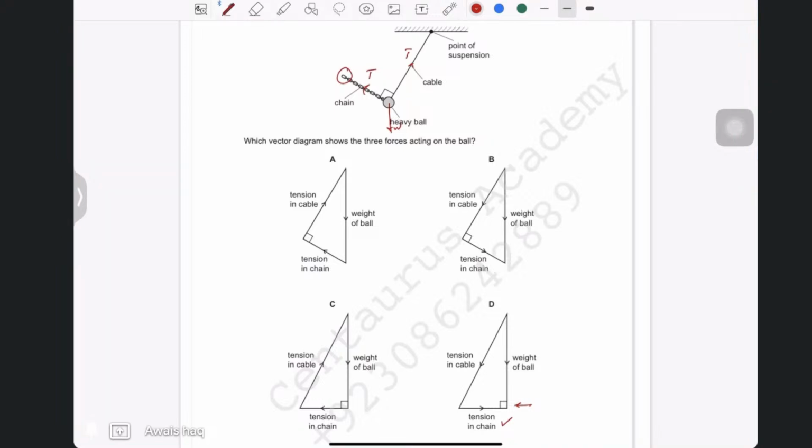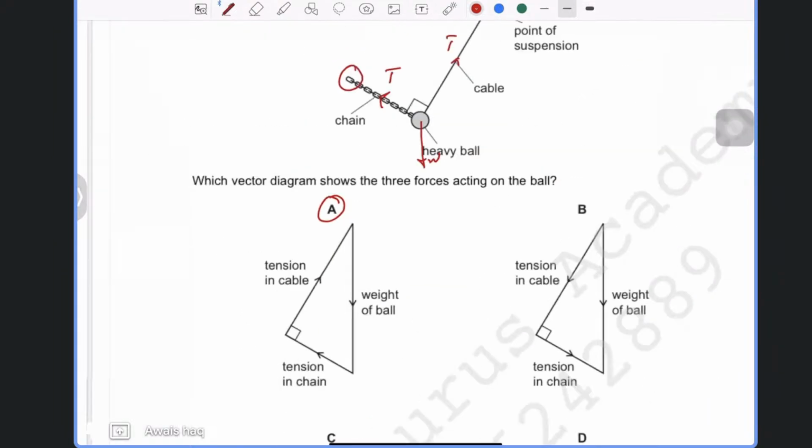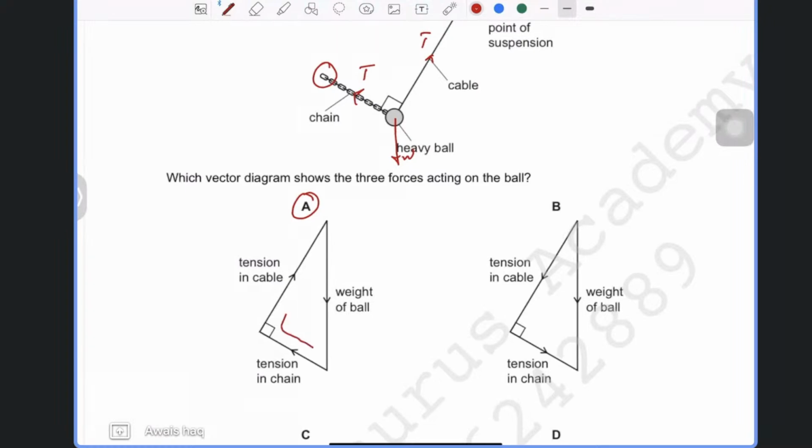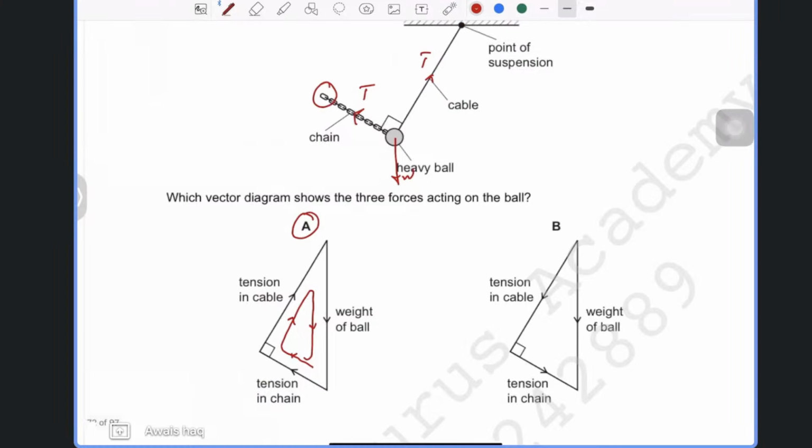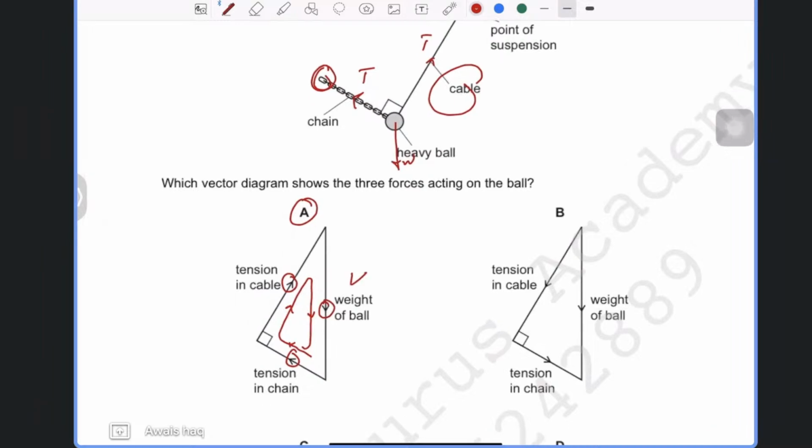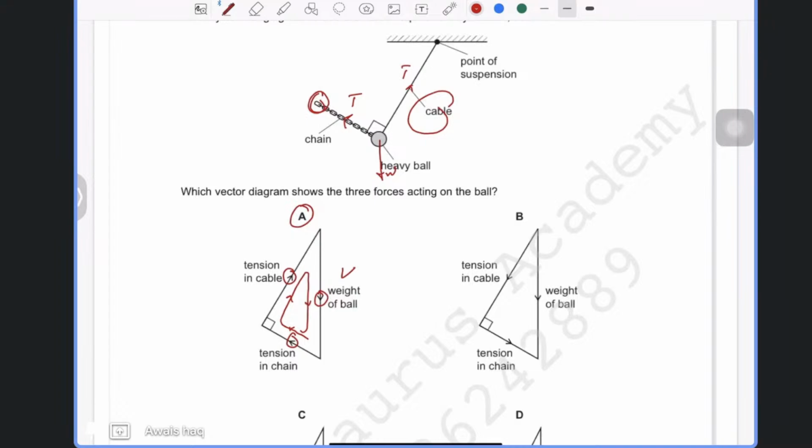It's A. It is A. The reason is, now let me just show you this. For this one, you first check whether it makes a flow. Yes, it does make a flow, so it has to be in equilibrium. The tension in this cable is upwards like this. The tension in this one is like this, and the weight has to be down. So all the right things are checked here. In this one, it shows the tension is down.